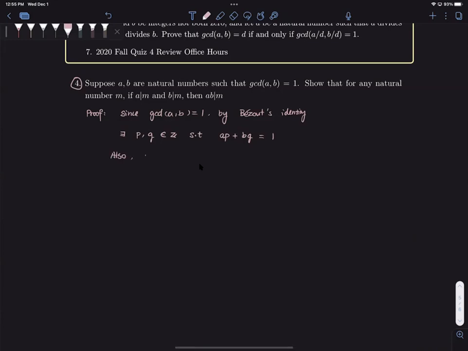Also, since A divides M and B divides M, we can write M equals AR equals BS for some R and S in integers.